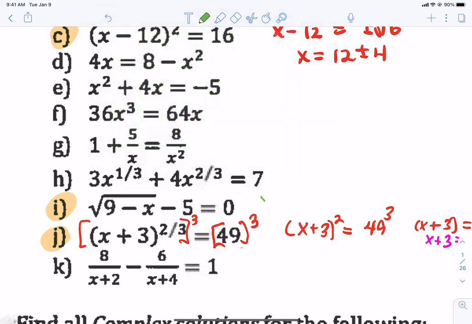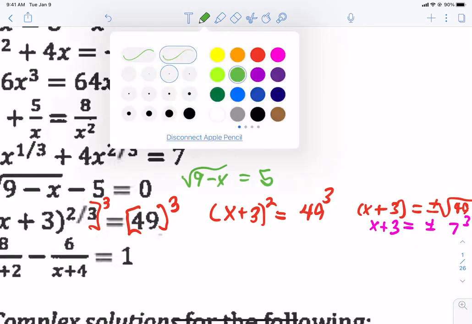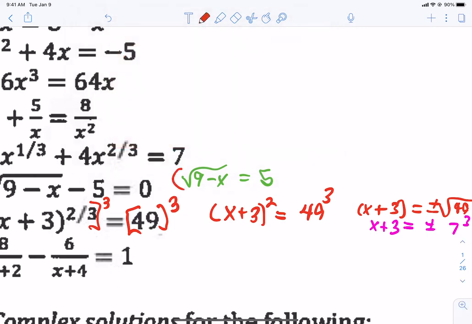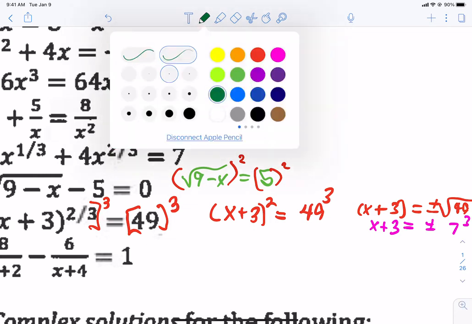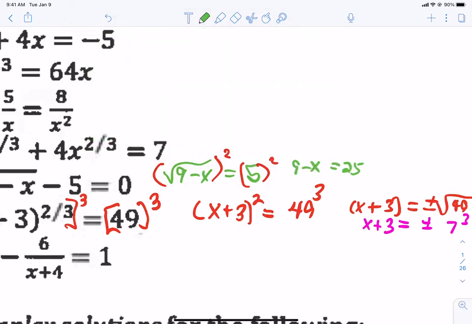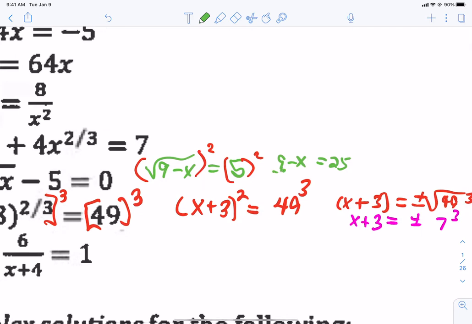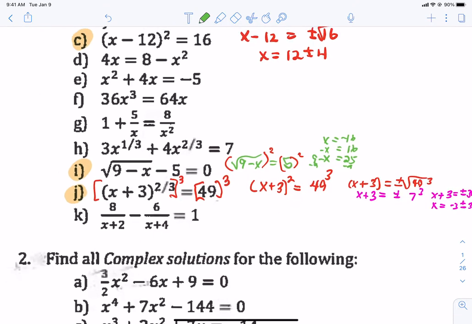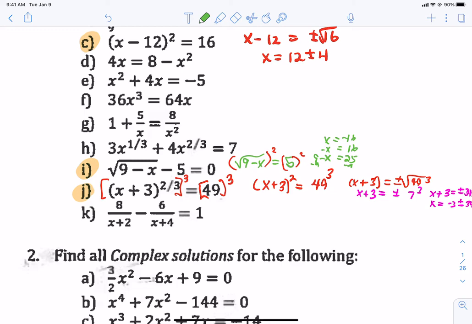If we moved the 5 to the other side, then we can get rid of that square root by squaring both sides. And so then we get 9 minus x equals 25. And then it's just a problem to solve. You subtract 9, negative x equals 16, so x equals negative 16. So pretty straightforward there. So those are very similar.